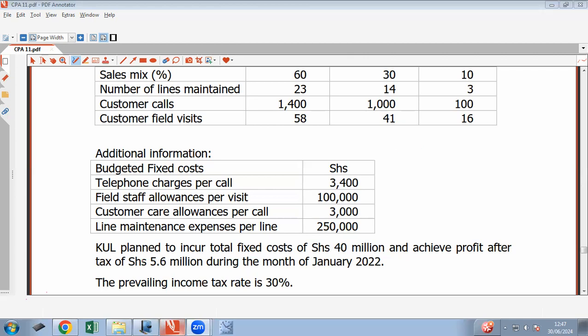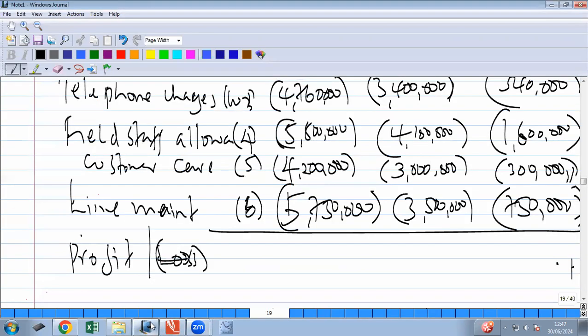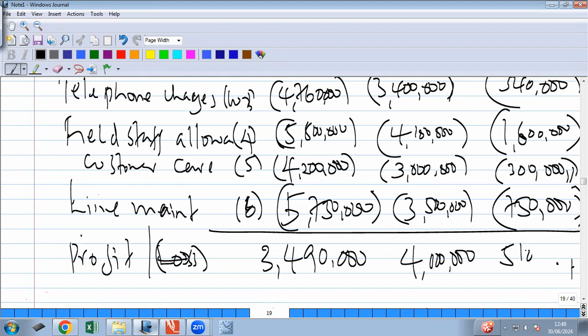Okay, we have the profits. Time is against us. 190. Oh, 3,190,000. 4 millions. Net. Yes. 5 million, 10,000. 5,000.